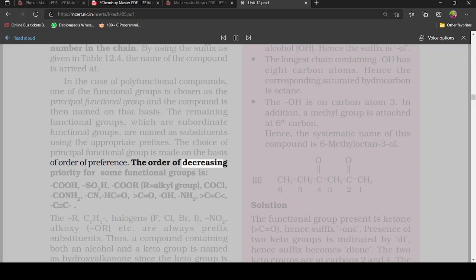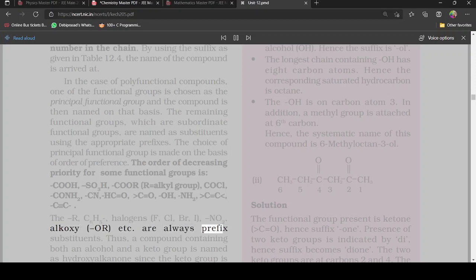The order of decreasing priority for some functional groups is: carboxylic acid, sulphonic acid, ester, acid chloride, amide, nitrile, aldehyde, ketone, alcohol, amine, double bond, triple bond. R, C6H5, halogens (F, Cl, Br, I), NO2, alkoxy, etc.